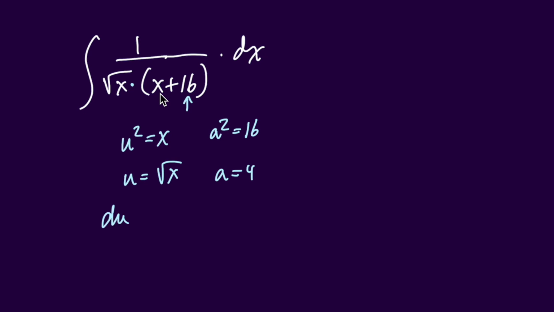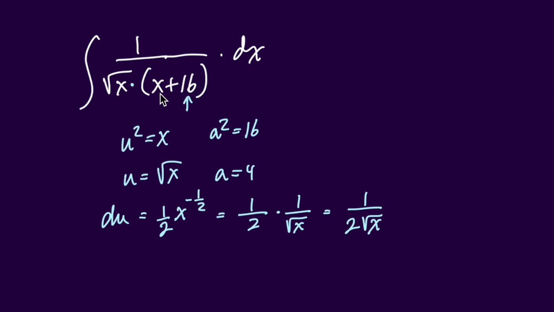So du is going to equal 1/2 x to the negative 1/2, which is 1/2 times 1 over the square root of x, which equals 1 over 2 square root of x dx. Therefore, when we solve for dx, we're going to multiply both sides by 2 radical x.